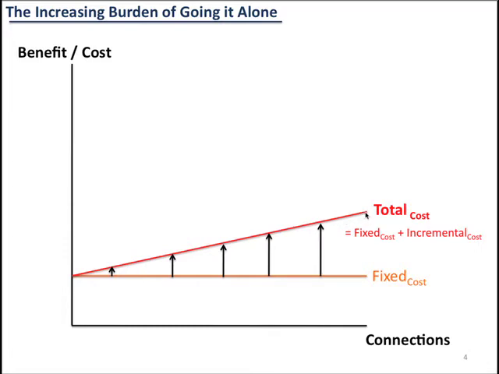That is, the more connections you make, yeah, there's a baseline cost, but also a larger incremental cost on top of it relative to the number of connections that you had, say, yesterday and the day before. Okay, so over time, it just keeps adding on to your fixed costs.